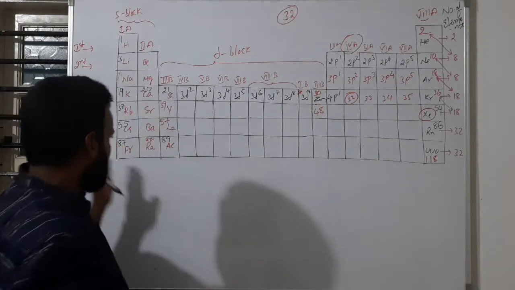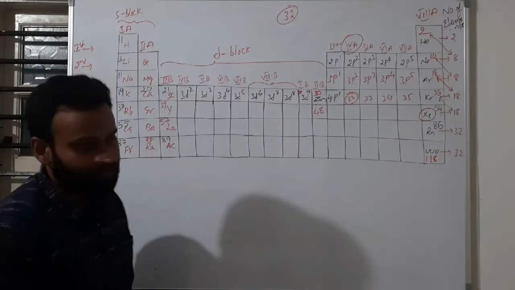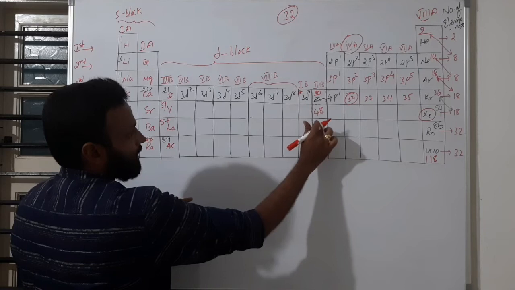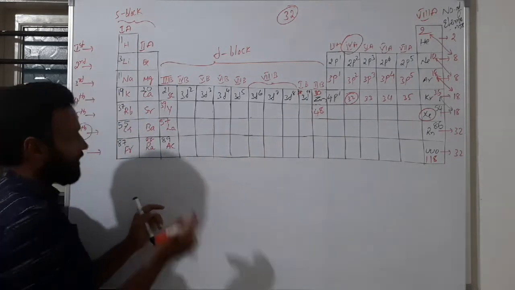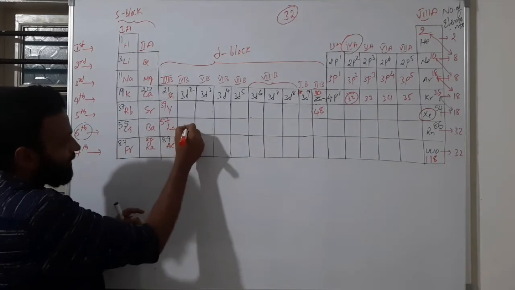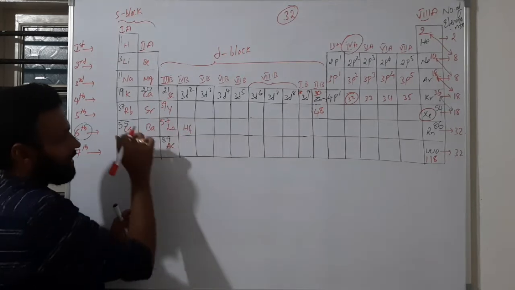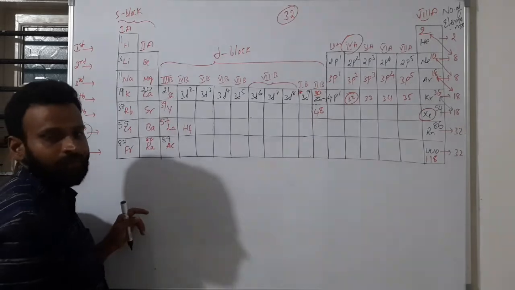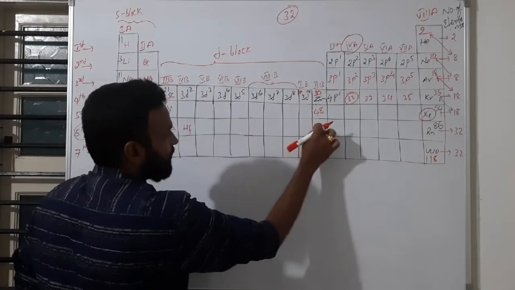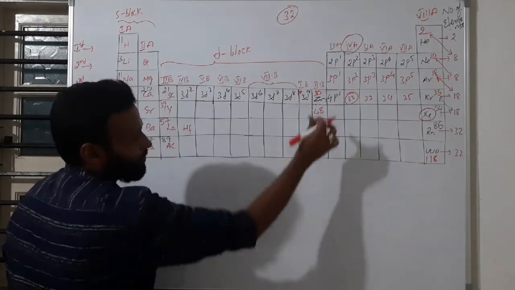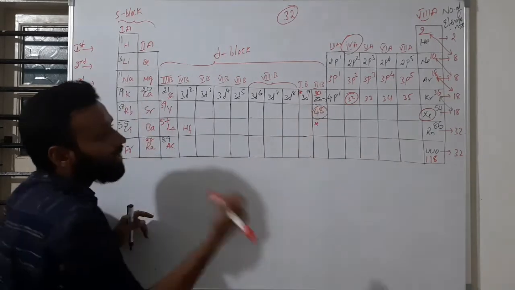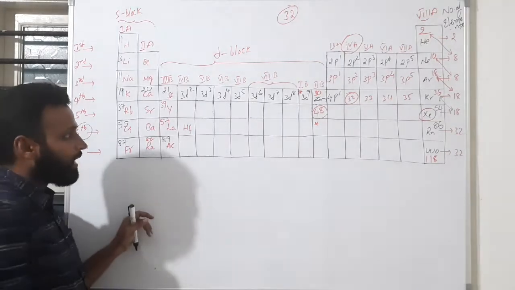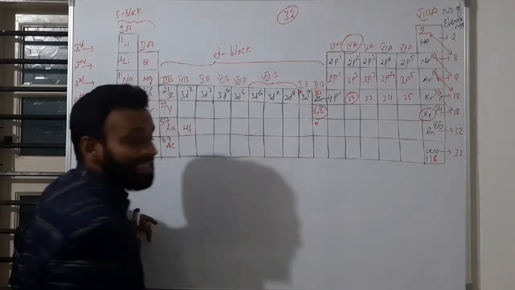In this way I am coming, above how many do you have? Because here, see, what is the atomic number of this particular element? 32 you have to consider, because between lanthanum and hafnium there are 32 elements. So in this way if you are coming, in the same period how many elements are there? So 48, and in this period here I want the atomic number. So for this atomic number, what do I have to add? I have to add 32. Why? In the 6th period there are 32 elements.